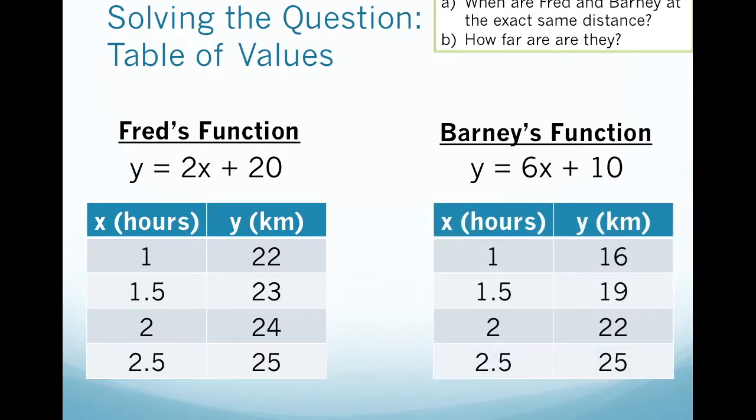And let's make a table of values for Barney. Now take a second and look at these tables of values. Do you see anything that might be the exact same thing? I have (2.5, 25) and (2.5, 25). That's kind of important. What do you think this means?